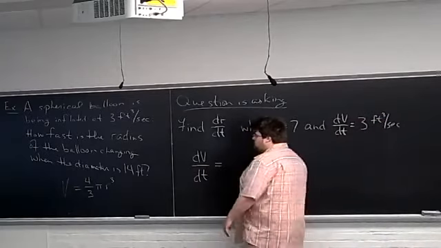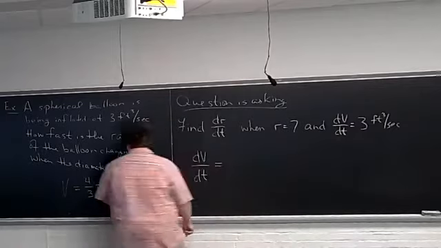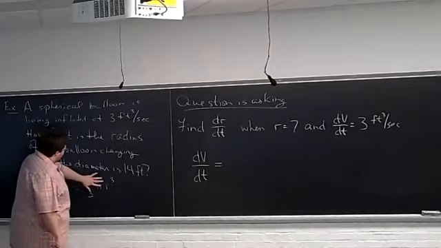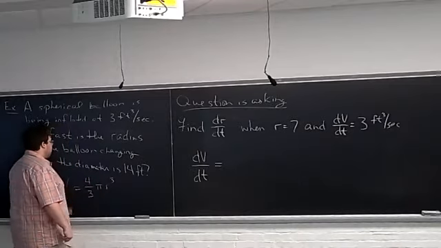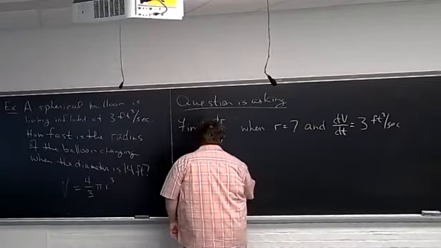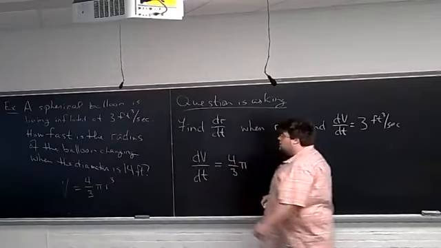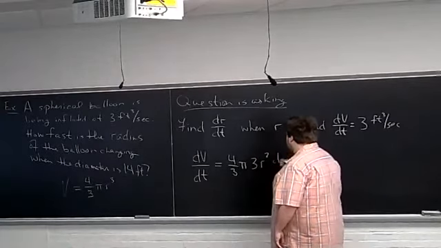Derivative of the other side with respect to time, well, 4/3 and pi are constants. We have an r cubed, derivative of that is 3r squared, and then you apply the chain rule.